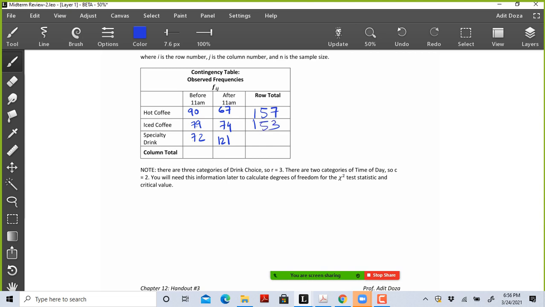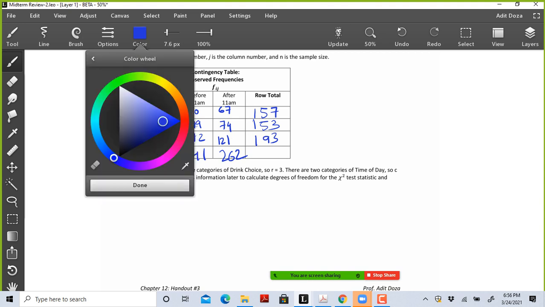Specialty drink is 72 and 121. If you add them, 193. And what's the column total? 90, 79 and 72 is 241. And what is the column total for this column? 67, 74, 121 is 262.